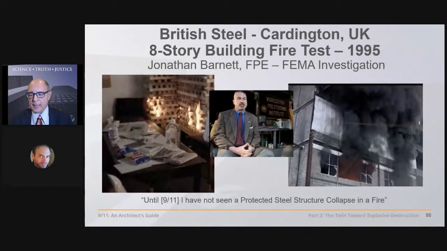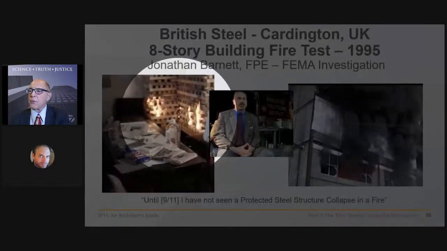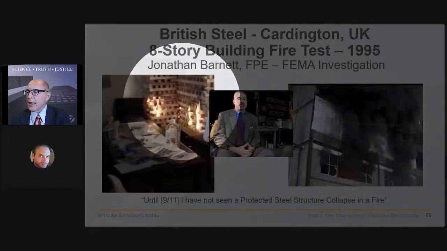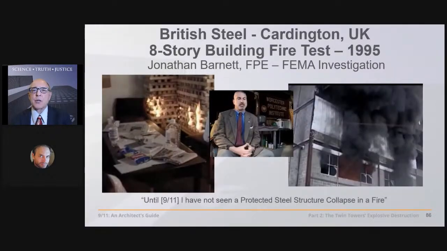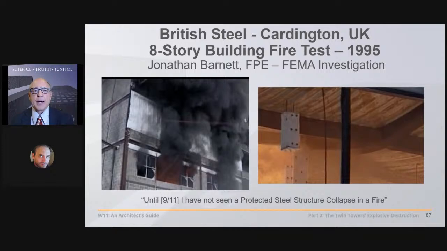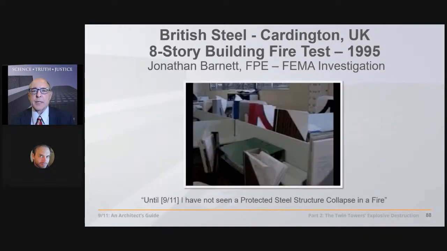As you can see, they have massive amounts of fuel right here and throughout the building to make sure that these temperatures got as hot as they could, as any office fire could or would. I think they achieved almost 2,000 degree fires in this test. So let's see what happens.